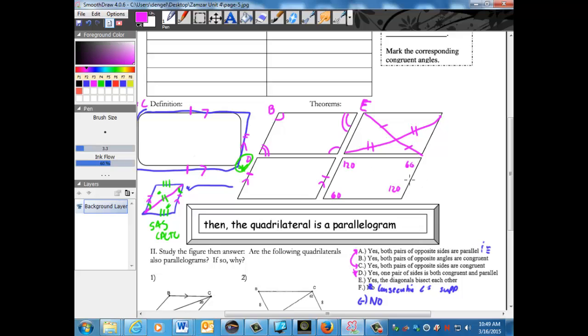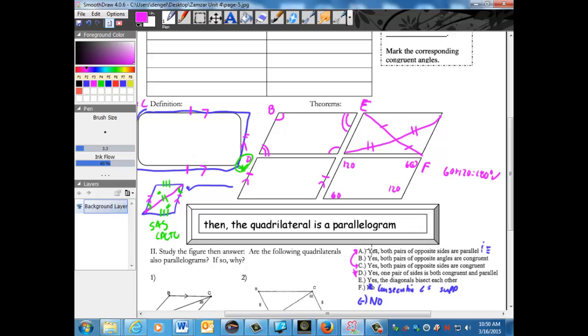And so this is going to be F, drawing F. And we can see that 60 plus 120 is 180 degrees. Therefore, these consecutive angles are supplementary. And again, if you were shown F and nothing else, but just 60, 120, 60, 120, you could then say that the opposite sides are congruent because this is in fact a parallelogram.